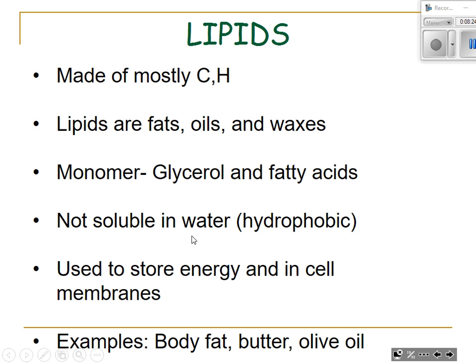Examples of lipids: body fat, butter, olive oil. I got some pretty good lipids stored up in me, I guess. It's a true statement too, but these lipids here that I got stored up, aren't they like some padding too?